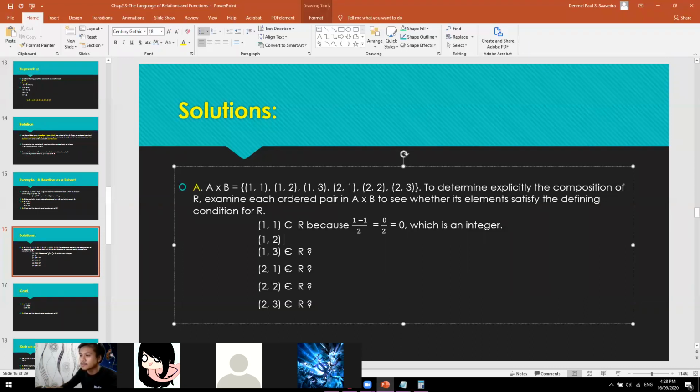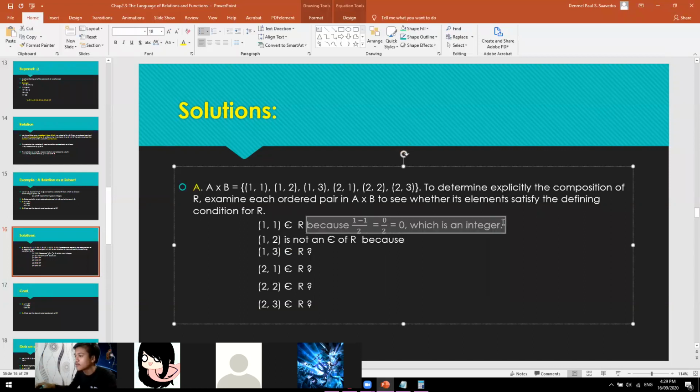in relation, is not an element of R. So supposedly, dapat slash R, pero wala akong mahanap na R na symbol dito. So yan, ito na yun, is not. Because, lagay ko na nga lang dito para mabilis.